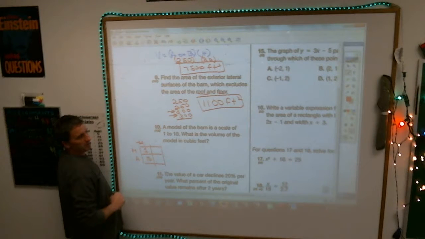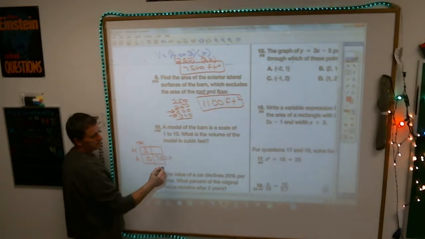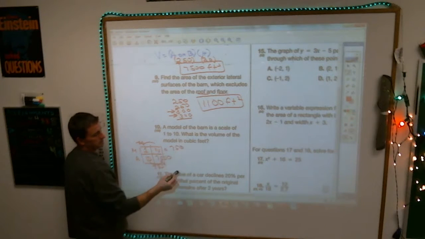What is the volume of the model in cubic feet? Well, what was the volume of the actual one? 7,500. So what number would go here? 10 times what is 7,500? 750. So 1 times 750 is 750.